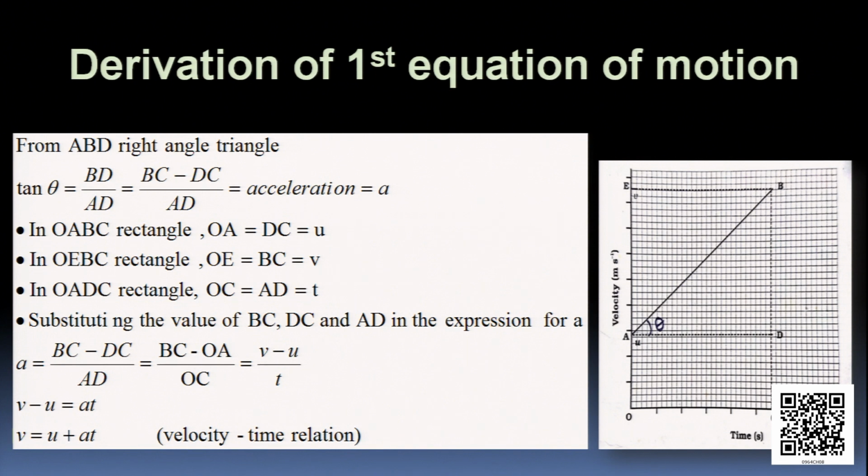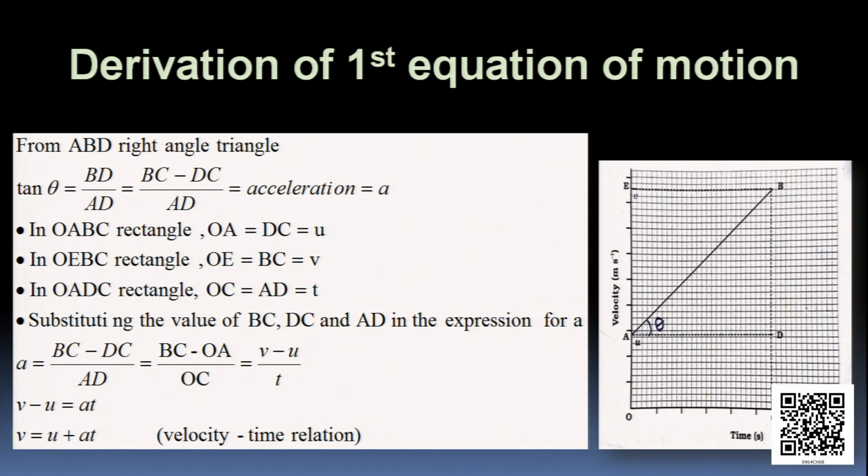So from these rectangles, the values of OA, OE, OC are given. Then you have to substitute the values of BC, DC and AD in the expression for the acceleration. Tan theta is equal to BC minus DC by AD, which is equal to acceleration A. So A is equal to BC minus DC by AD.